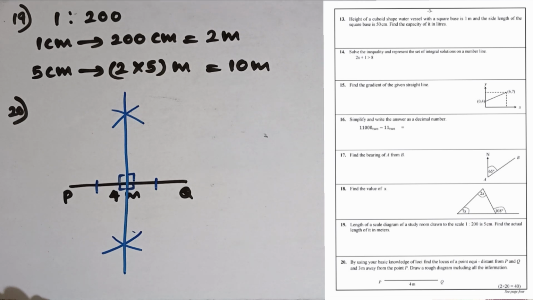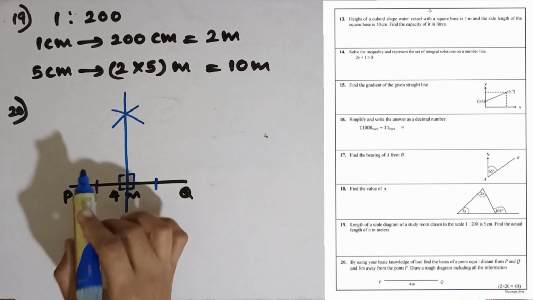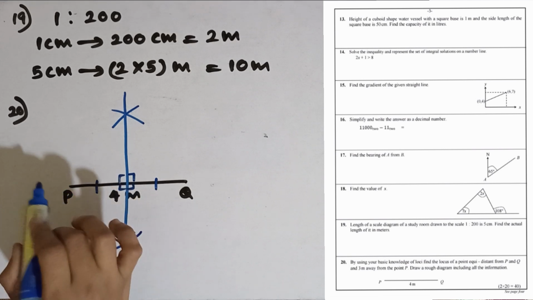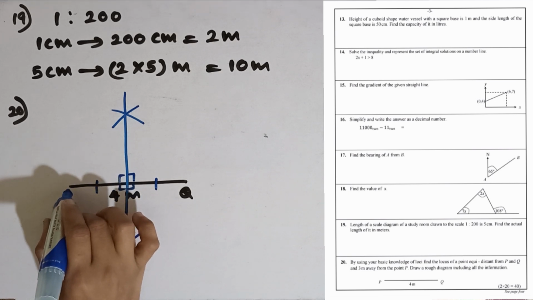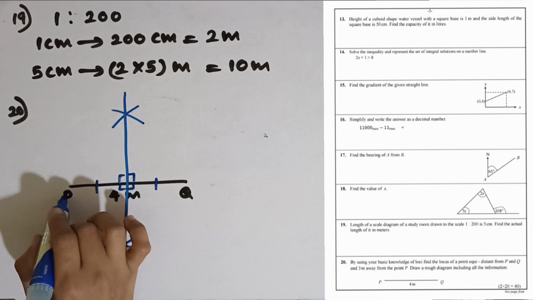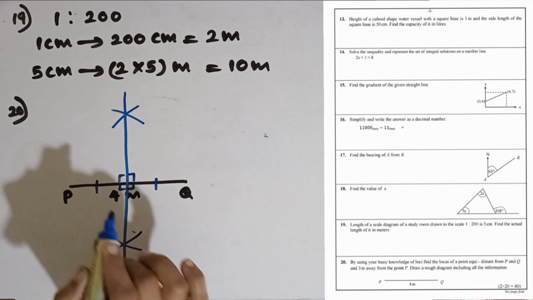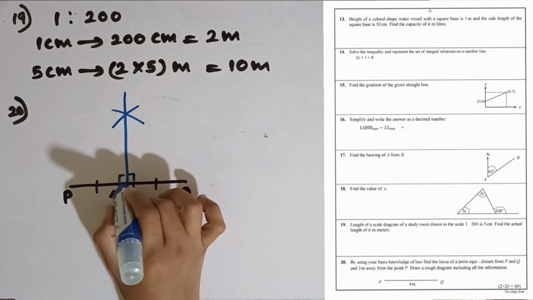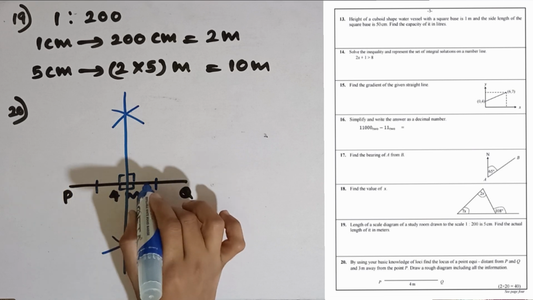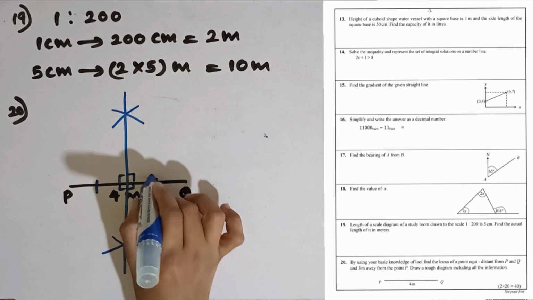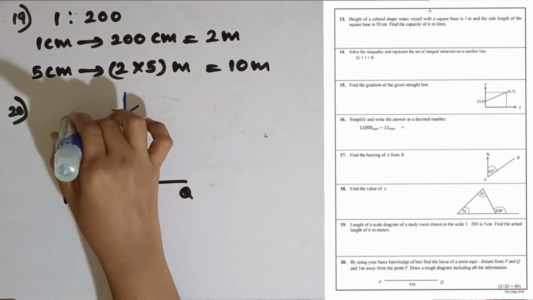Then the other one, 3 meters away from the point P. For that, we have to draw a circle by taking P as the center and the radius as 3 meters. If this length is 2 meters, it goes into this direction.